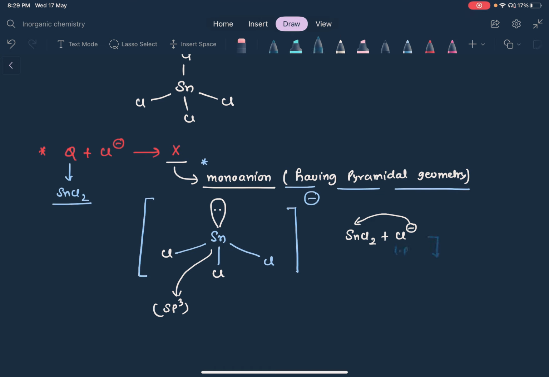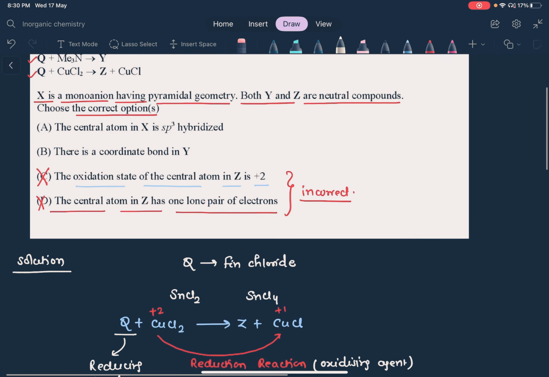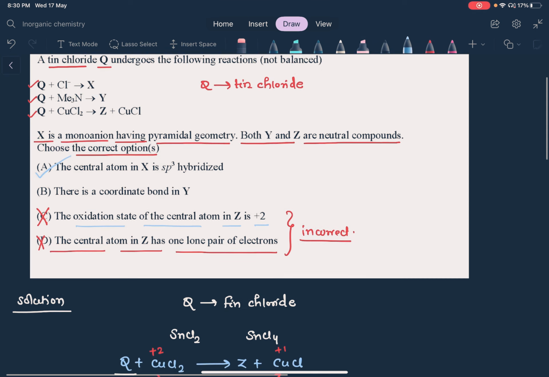Cl minus behaves like a Lewis base, and SnCl2 behaves like a Lewis acid. Then the SnCl3 minus ion is formed, where the central tin has sp3 hybridization. So option A will be correct, because compound X has a central atom in the sp3 hybridization state.